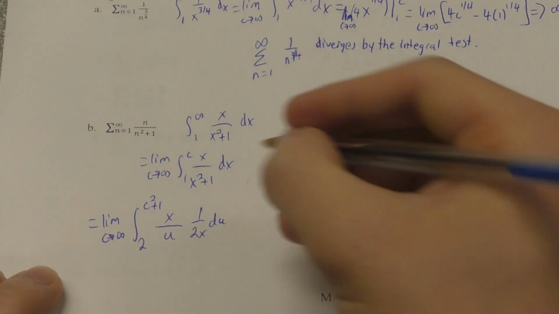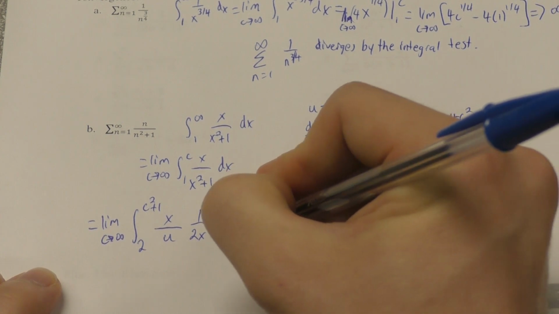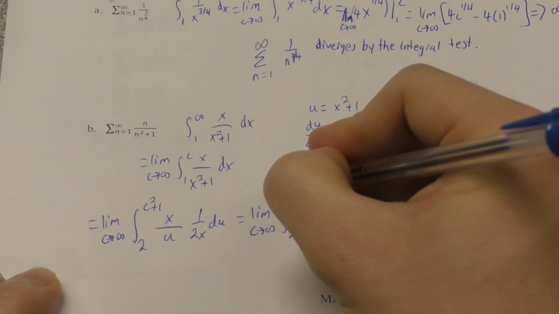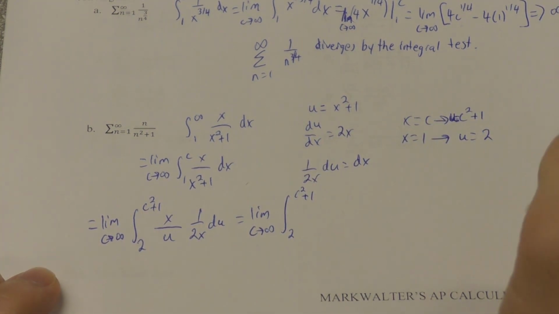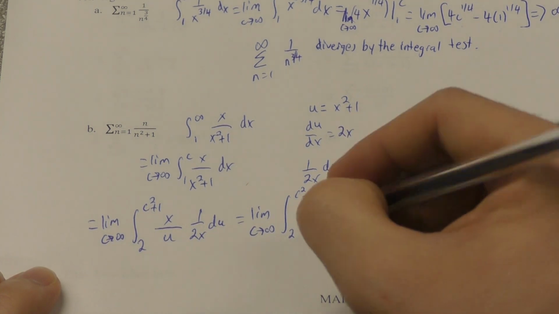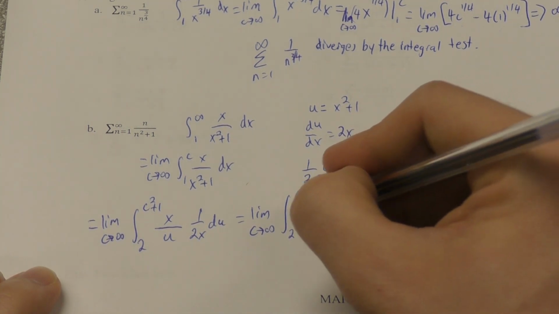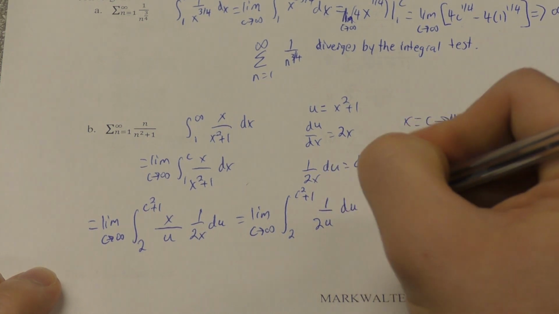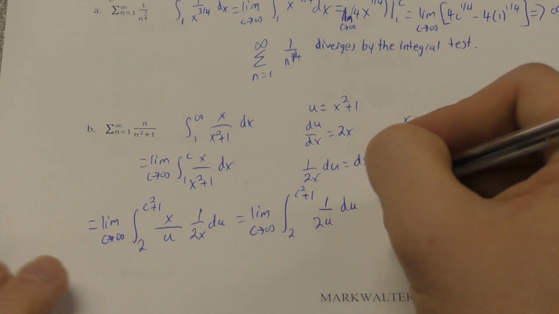I know some things will cancel out. This is good. So this gives me the limit as c approaches infinity of the integral from 2 to c squared plus 1. Cancel out my x's, divide them away, and then we get 1 over, the 2 will stay down there, 2u du. Interesting. Okay.